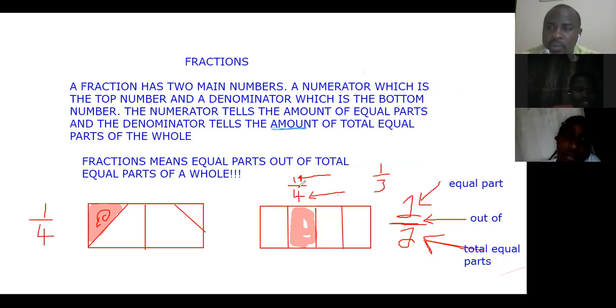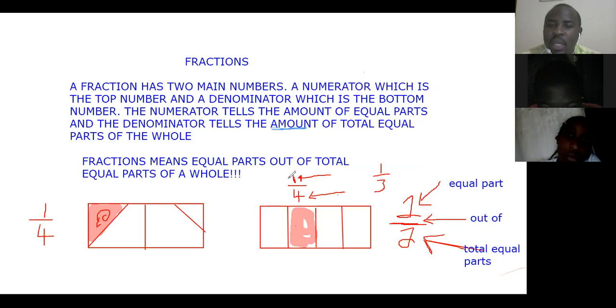All right? Yes, sir. All right, go repeat it for me. 1/4 means? Come on, let's go. 1/4 means? So there are 4 parts and 1 is shaded out of 4. I know, but I said it means. We need to know what it means.